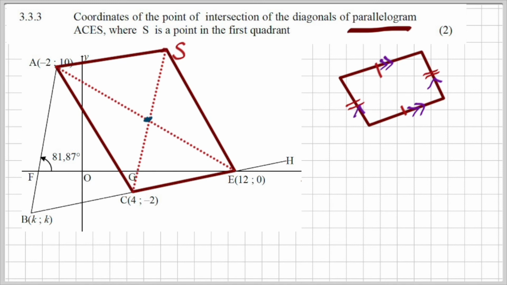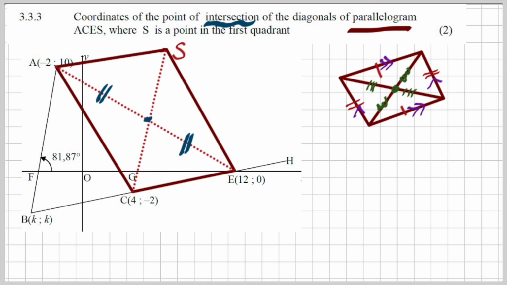So what else do I know? Well, the diagonals bisect one another. In other words, the midpoint of the one set of diagonals is the same as the midpoint of the other set of diagonals. So if we are asking for where the diagonals intersect one another, I must just get the midpoint of AE.